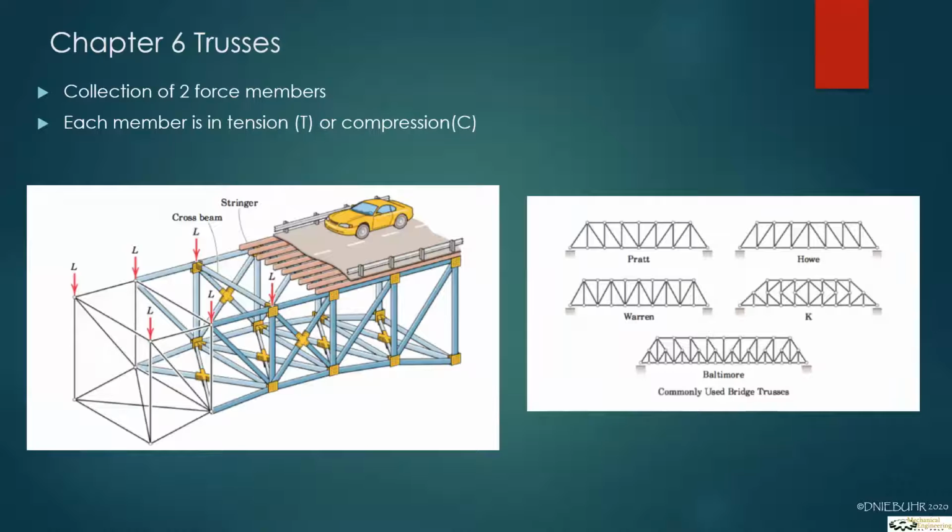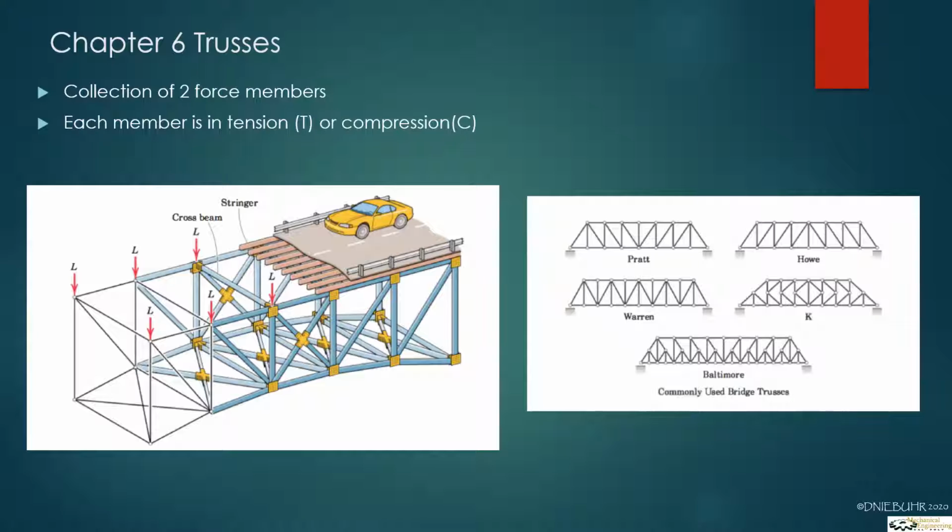What we have in this first example is, if you look at a truss for, say, a bridge, you notice that it basically consists of a lattice of two force members. When you're analyzing a truss, the nice thing is that they're either going to be in tension or compression, and you always know the direction of the force, because it's the direction of the individual member.